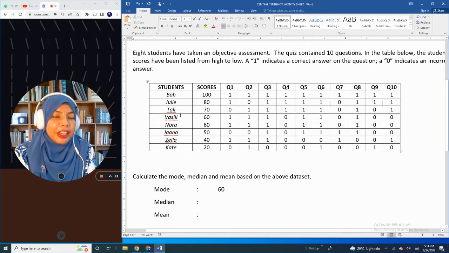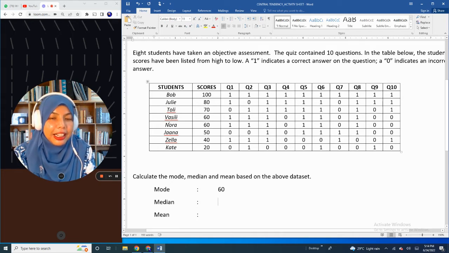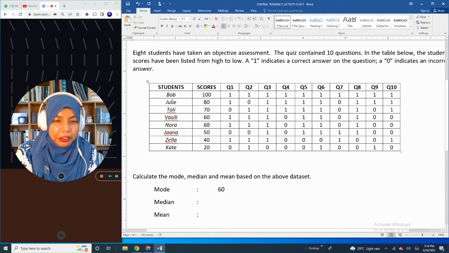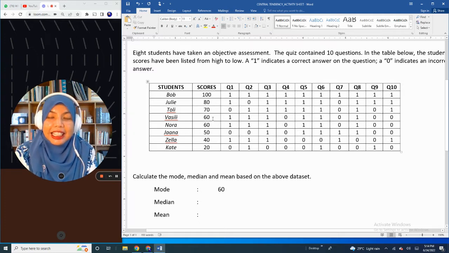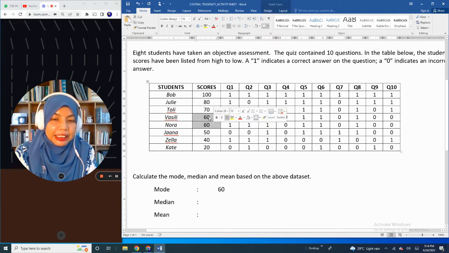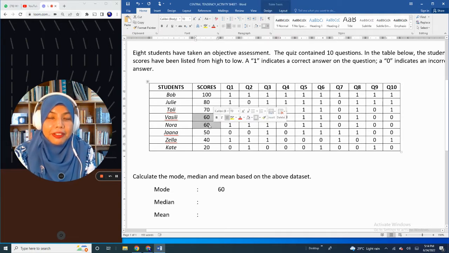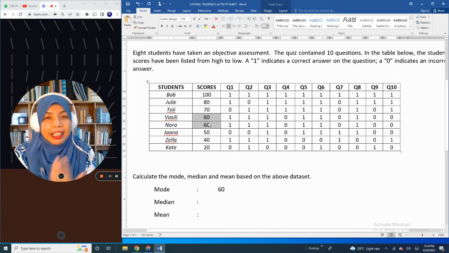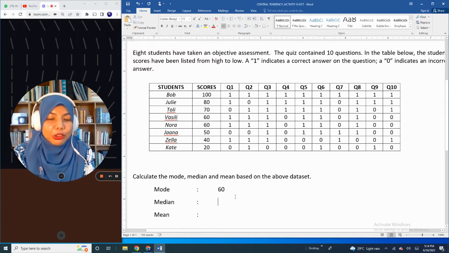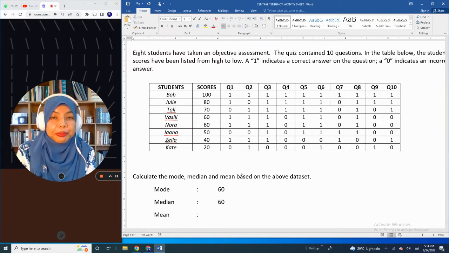The students who stand in the middle are Vasily and Nora, and they both obtained 60 in this test. So what we need to do is total up 60 plus 60, divide by 2 because there are 2 students here. 60 plus 60 is 120 divided by 2, then you get 60.